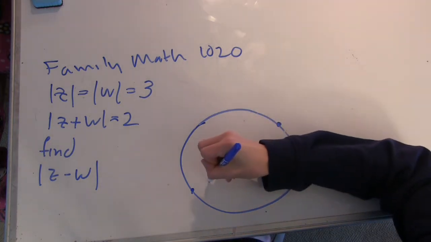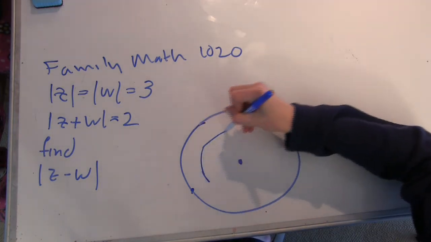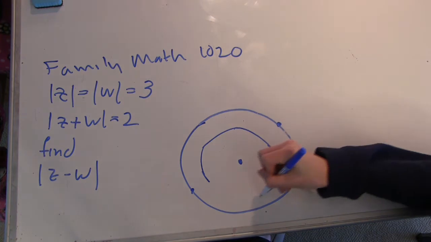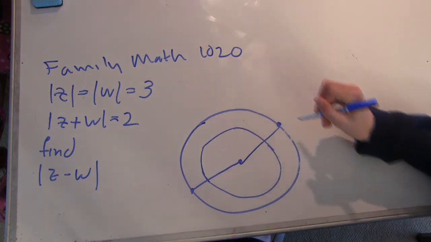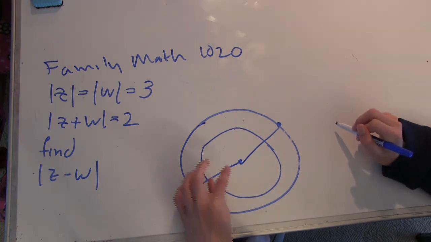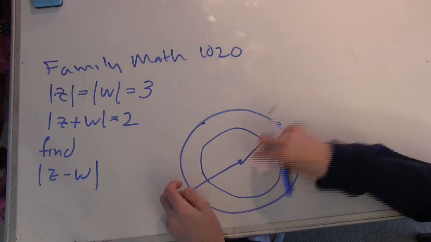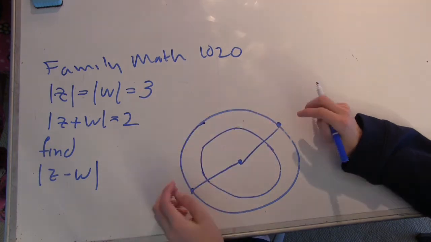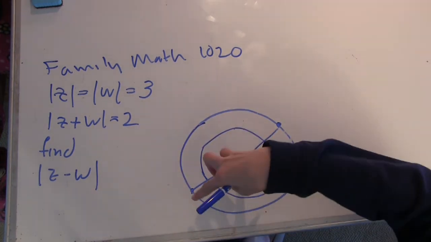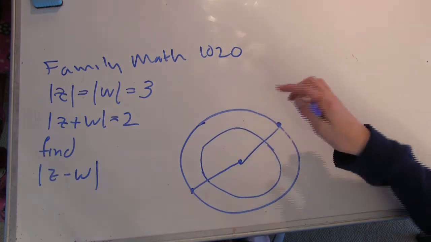And then there's a circle with radius 2. And you can add complex numbers by going to the end of one complex number and then moving the line segment onto the end.